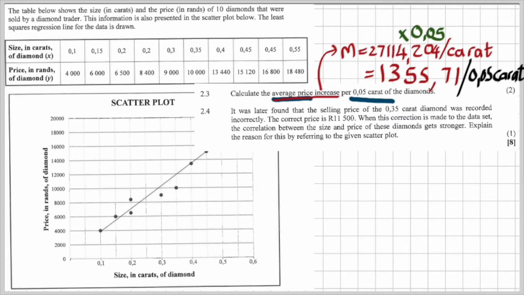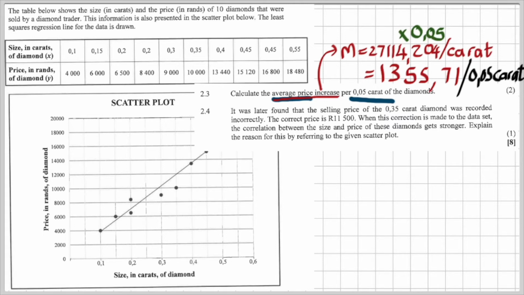So in other words, for every 0.05 carats that we increase, the price is going to increase as well by 1,355 Rand. Initially, ladies and gentlemen, it was 27,000 Rand plus or minus per 1 carat. So that's why there's this little bit of a discrepancy between the two.